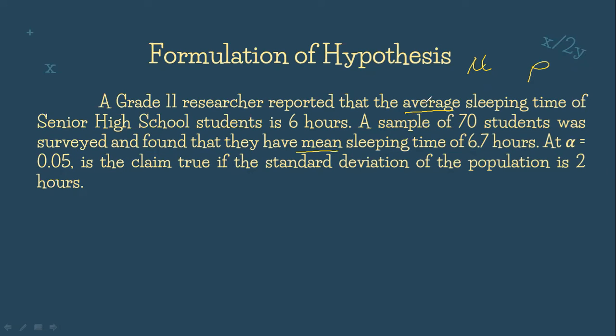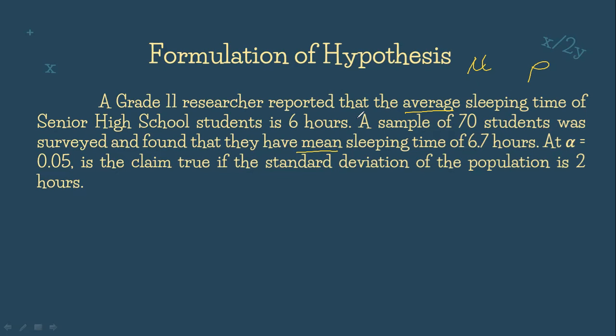Mean and average are synonymous with each other. When we see numbers like this, the average itself, for example the sleeping time here, it will be the basis of our null and alternative. For P, or the proportion, when you see percentages, that will be the basis of our null and alternative.